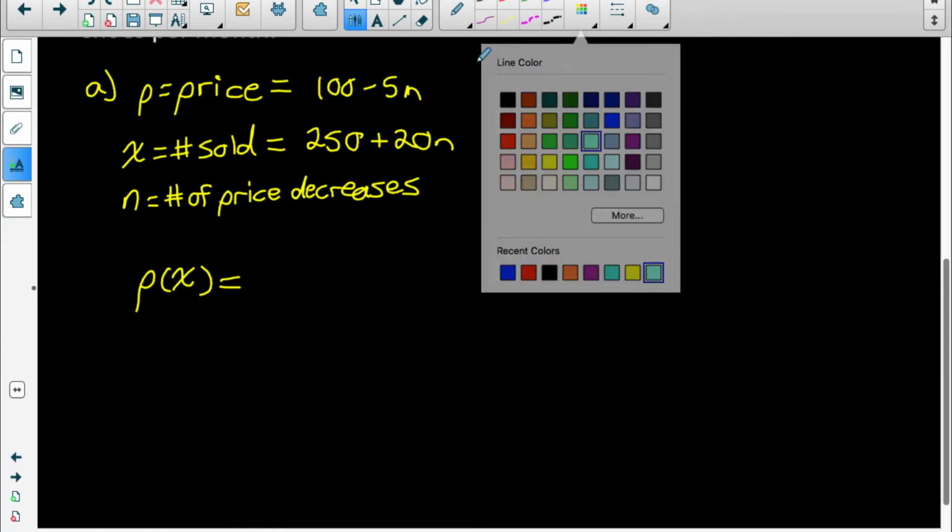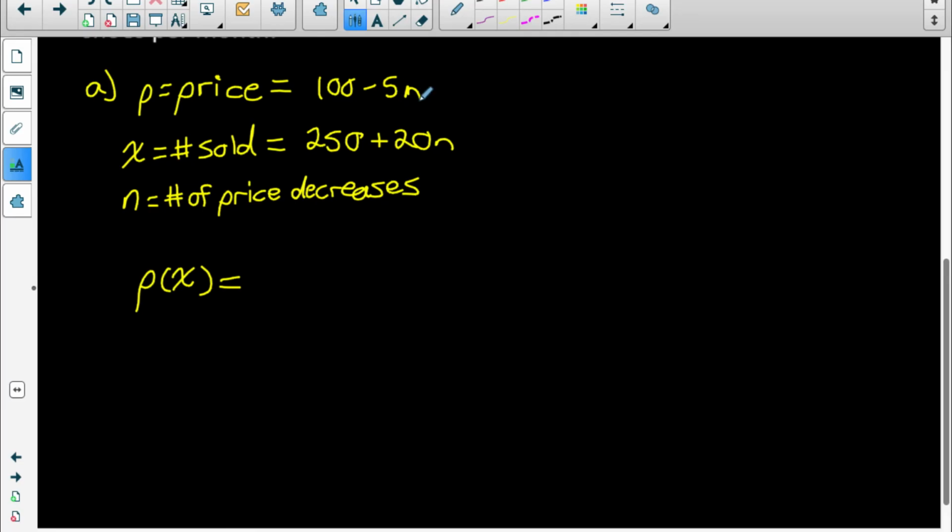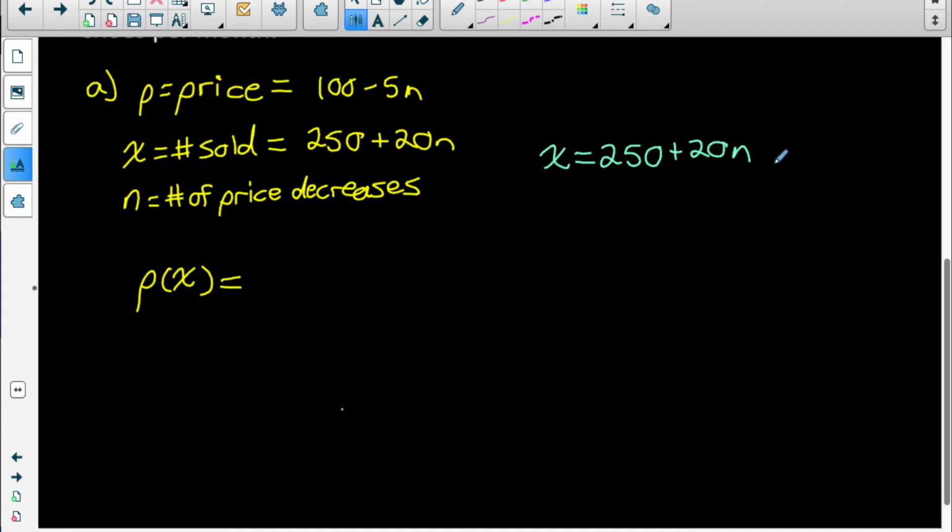So I'm going to have to replace this n with a function of x. I'm going to take this equation, x equals 250 plus 20n, and rearrange it to isolate for n. So I've got x minus 250 divided by 20 equals n.